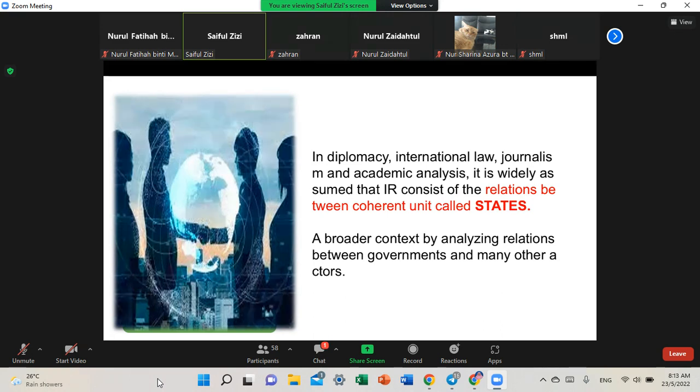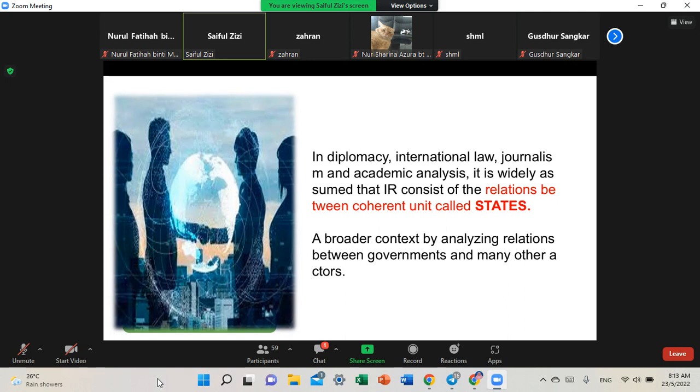Okay, so this is aligned with what was argued by realist scholars like Kenneth Waltz, Thomas Hobbes, and the others, which see states as the only significant actor in international relations. Okay, and it is a coherent unit in the sense that they are all sovereign states. And even when you want to understand international organizations and whatnot, states are the ones who run the operation of these international organizations.